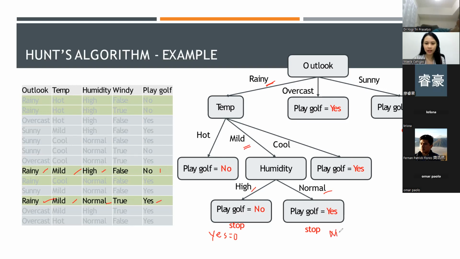So we don't have any no's for this part. That's why we also have to stop. And again, if we're going to interpret it, the player will play the game if the outlook is rainy, the temperature is mild, and the humidity is normal. But if the humidity is high, most likely the player won't engage in the game.